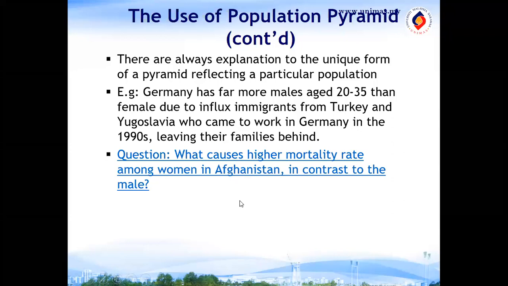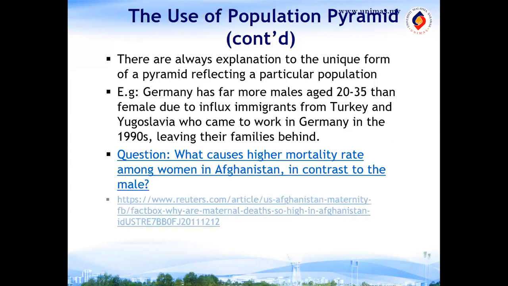And we have some documentary yang trying to explain the situation in Afghanistan, why the rate of mortality in Afghanistan among women is higher compared to male.